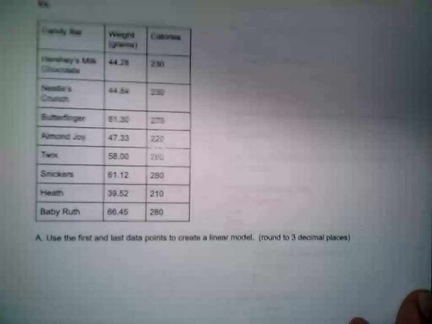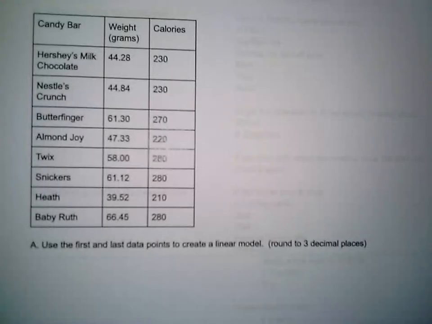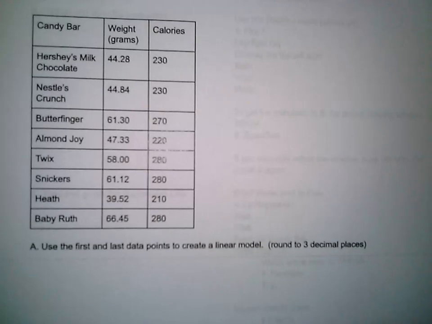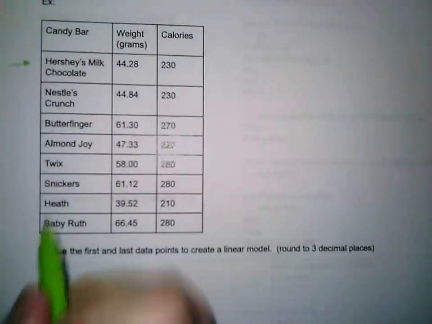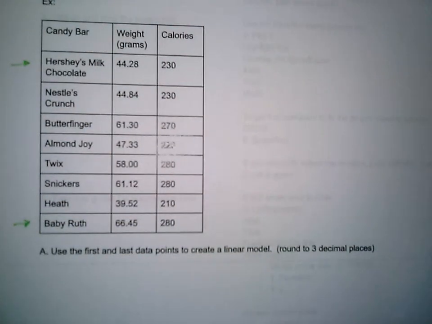So what they're wanting us to do is to start by using the first and last data points to create a linear model. So we're going to use the Hershey's milk chocolate and the Baby Ruth.